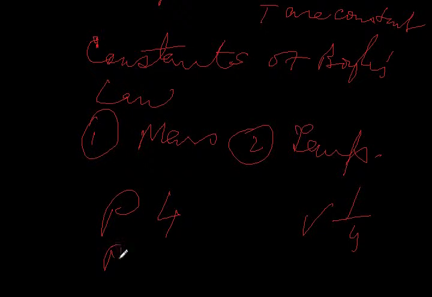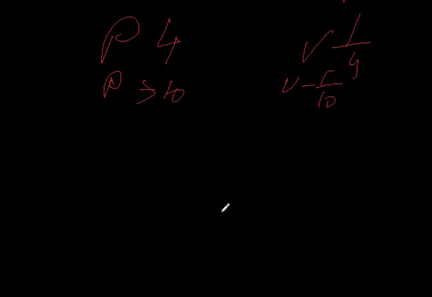Pressure is increased by 10 times, volume will be 1 by 10 of the initial volume. So more will be the pressure, less will be the volume. But keep in your mind that this law will be applicable when temperature of the gas remains unchanged and it will be applicable for a given mass of gas.